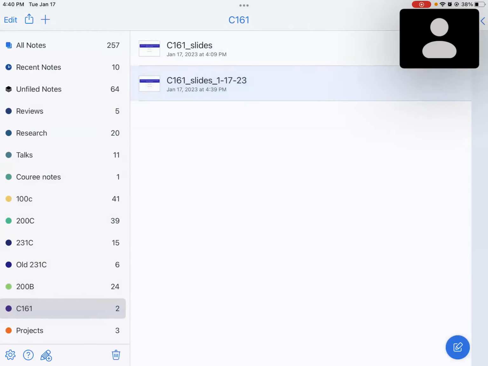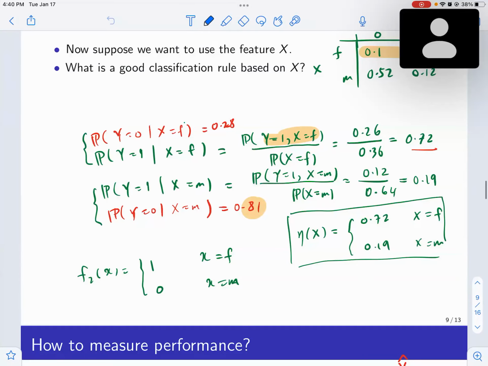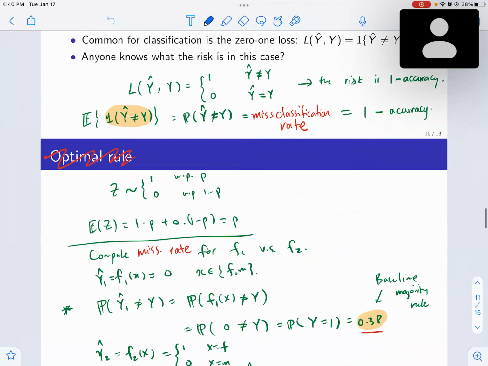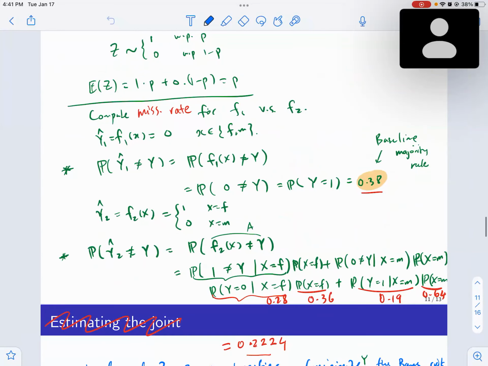So if you go back, let me just remind you what this is. This is where we started doing the calculation for the risks or misclassification rates, right? And you can see that this can be done if you know the joint distribution, right? So this is the marginal probability of y equal 1. These are the conditional probabilities, and now we have estimates of all of them, right? I have estimates of all of these.